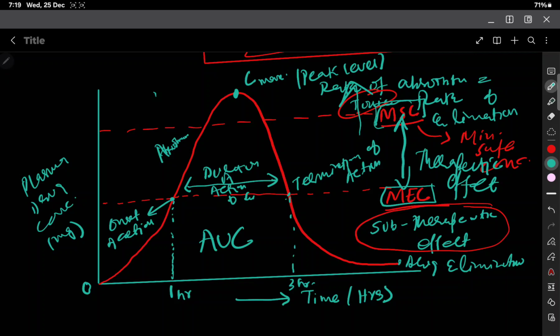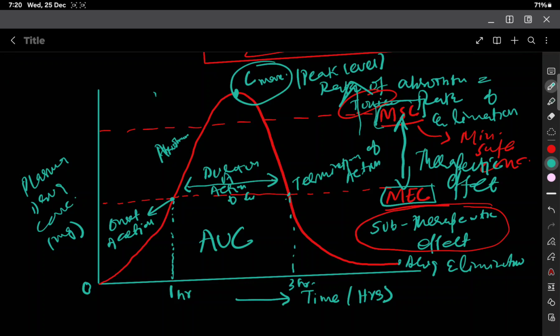Subtherapeutic level has no effect on the body, and the distance between the MSC and MEC is called the therapeutic effect, which is very important. So the points which we have learned here are minimum effective concentration, minimum safe concentration, subtherapeutic effect, therapeutic effect, okay, toxic effect, okay, lethal dose, it will go above this at Cmax. Okay, at Cmax what will happen? Rate of absorption will be equal to rate of elimination.